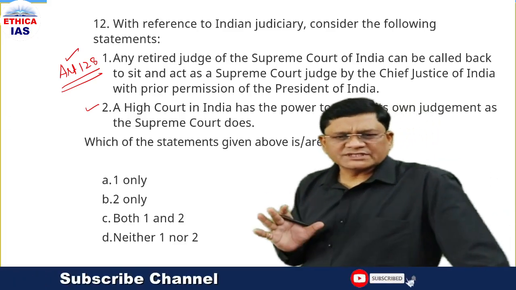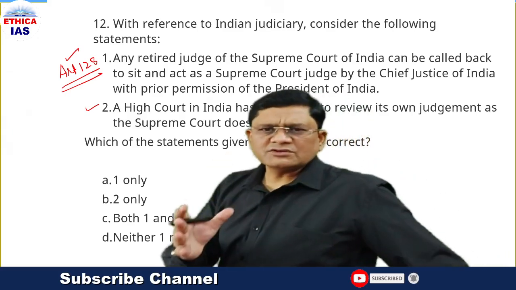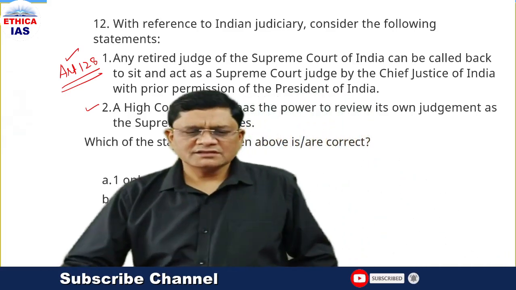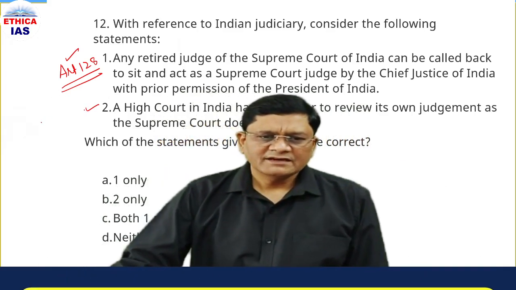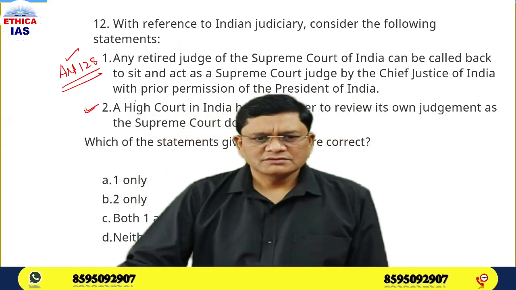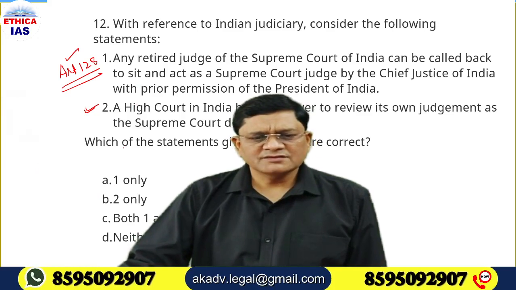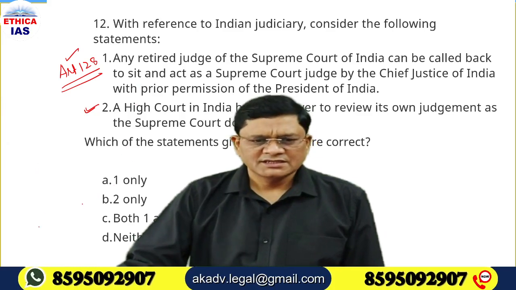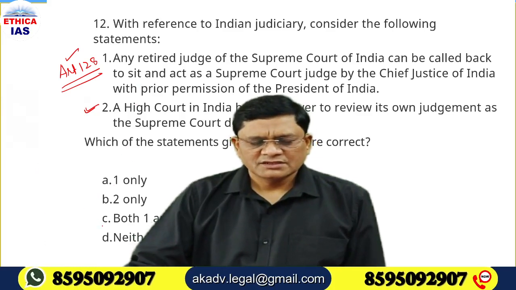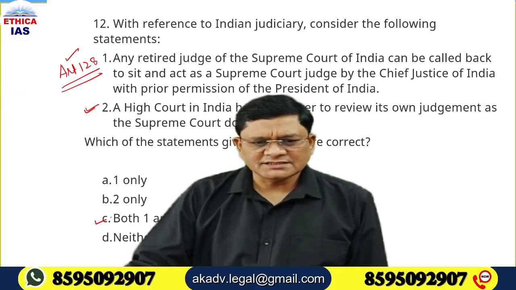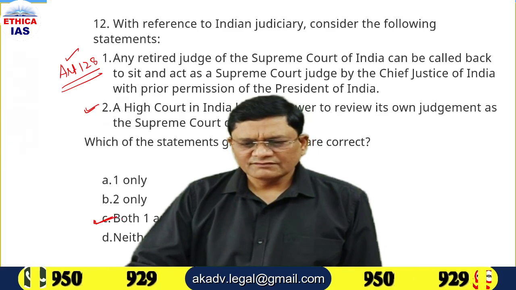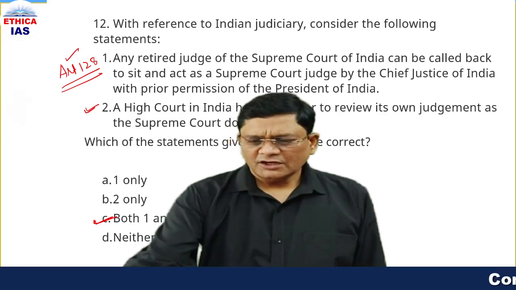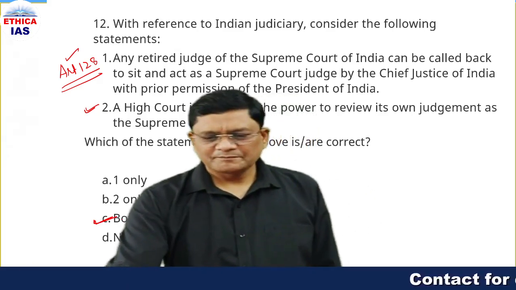So the second option is correct, but it is not given in the Constitution; it is as per the designation of court of record. So both statements are correct in this question. So the answer is C, both 1 and 2. Now, it was a good question.